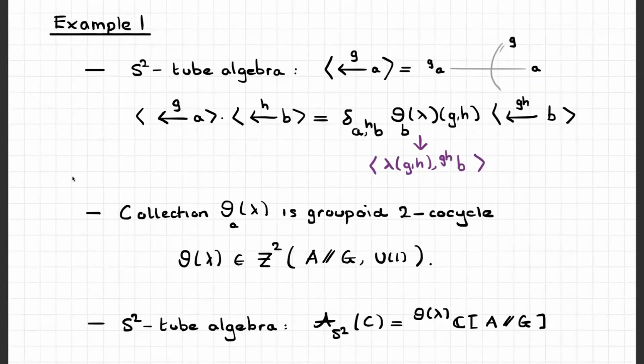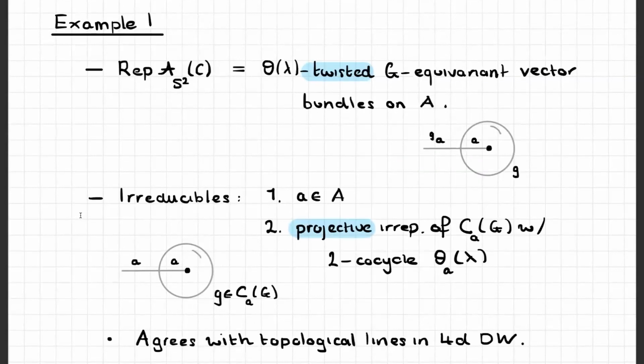If you want to talk about the irreducible representations, again, the picture is the same as before. You pick a line A in the A twisted sector and you look at the group elements that preserve the twisted sector.